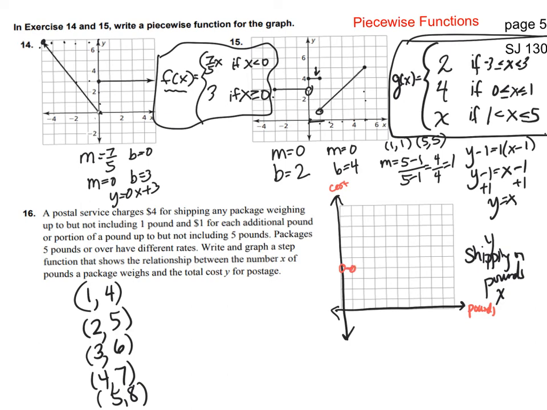That would represent the cost, so it'd be a cost of $4 for up to 1 pound. A cost of $5 for 1 pound up to 2 pounds. A cost of $6 and $7.